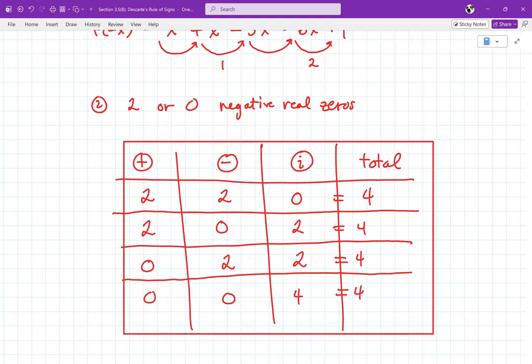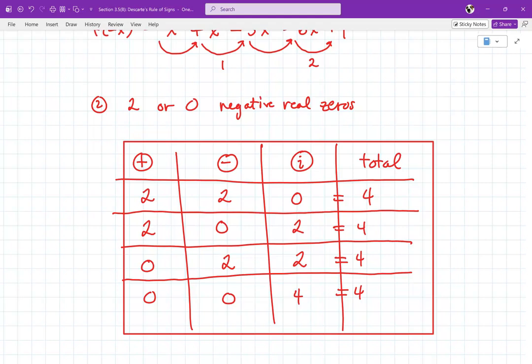If there's no positive answers, I still have the option of 2 negatives or no negatives. So no positive answers with 2 negative answers, I need 2 more to equal 4. Okay, this is the key, the total, because you got to make sure it totals up sideways.